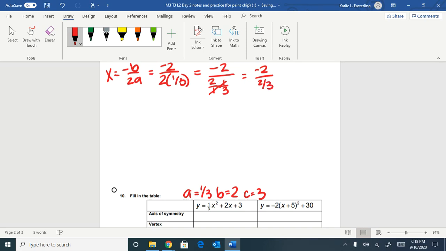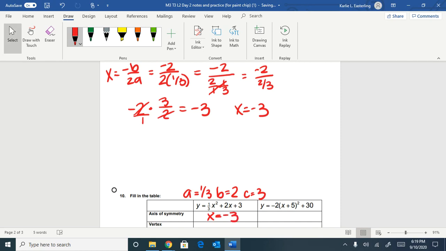If you are ever multiplying or looking at a fraction and there's a fraction in your denominator, I always learned keep, change, flip on that fraction in the bottom, and then you can either cross cancel or cross multiply to get your answer. We're going to get rid of those 2's because we can cancel them out. Our final answer will be negative 3. So x equals negative 3 is our axis of symmetry.